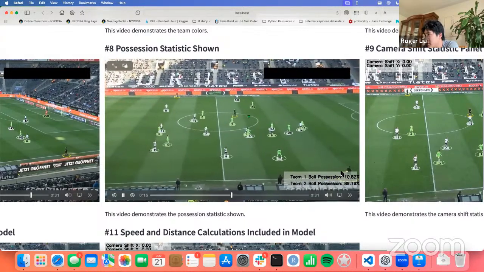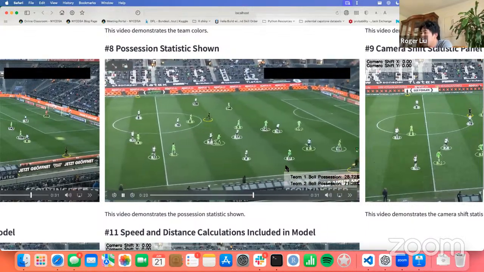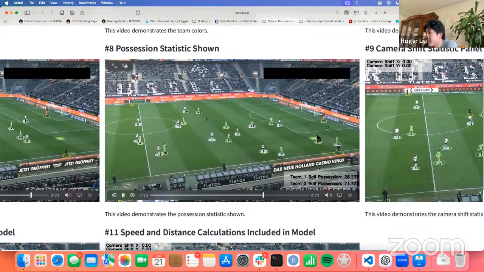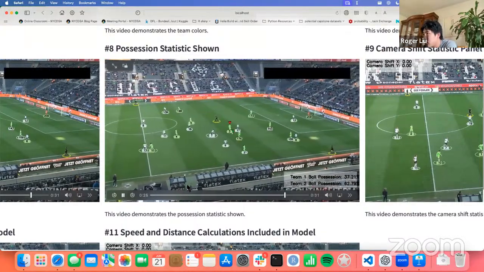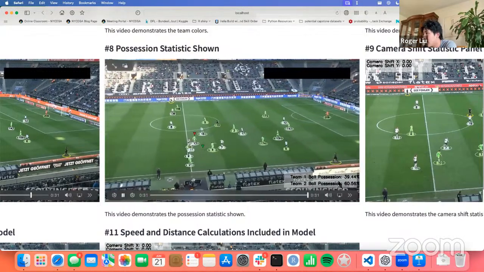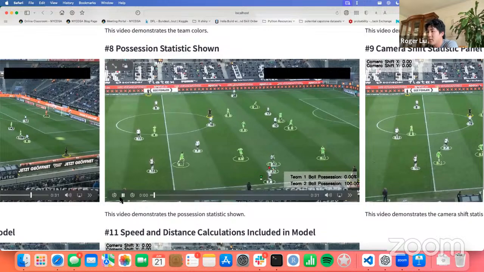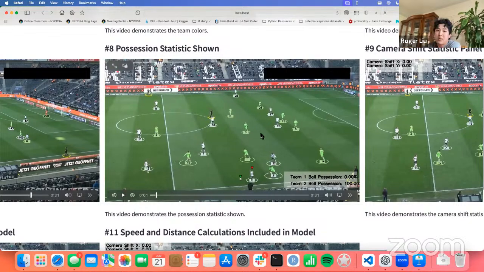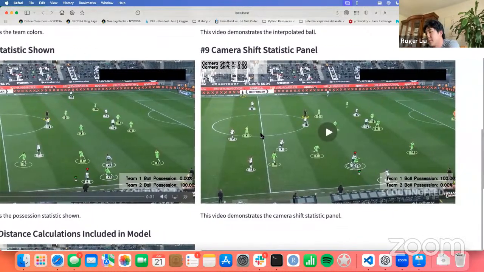That's just due to error in the model, I guess, and that can be further improved upon. According to this, approximately 2/3 of the time, or 3/5 of the time, the ball was with team 2.